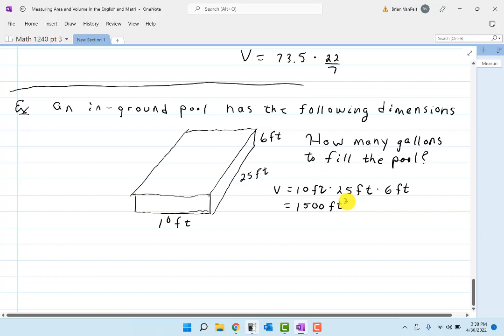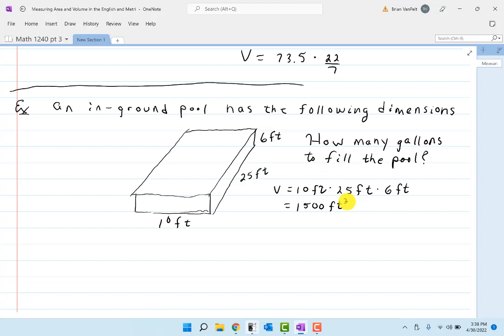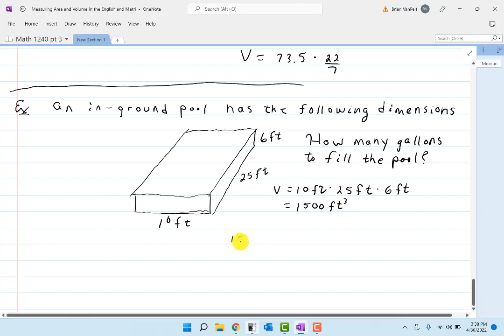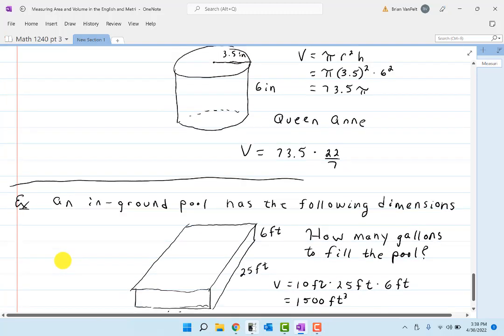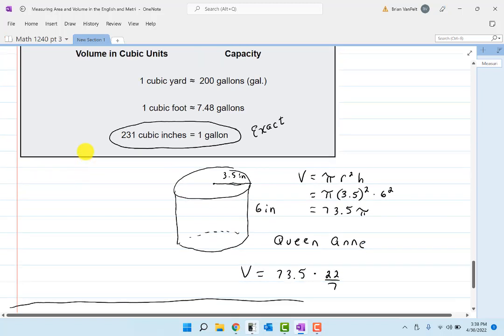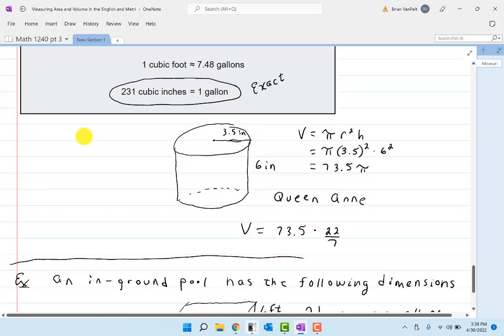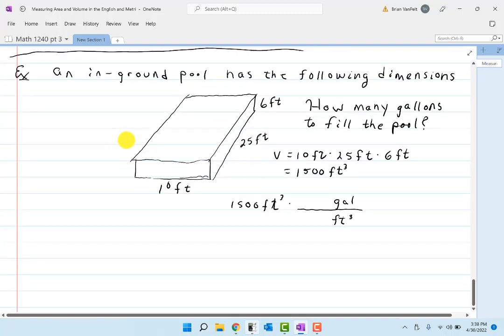Now what I would like to do is change that to gallons if there's a direct connection to gallons. So I'll start with my 1,500 cubic feet, and I'll see if there's a connection between cubic feet and gallons. Right, there it is. 1 cubic foot is approximately 7.48 gallons.